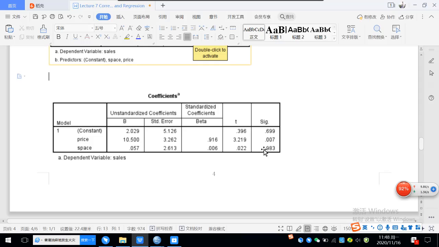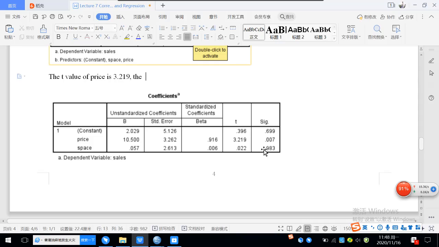Okay, so here our answer is the t-value of price is 3.219.